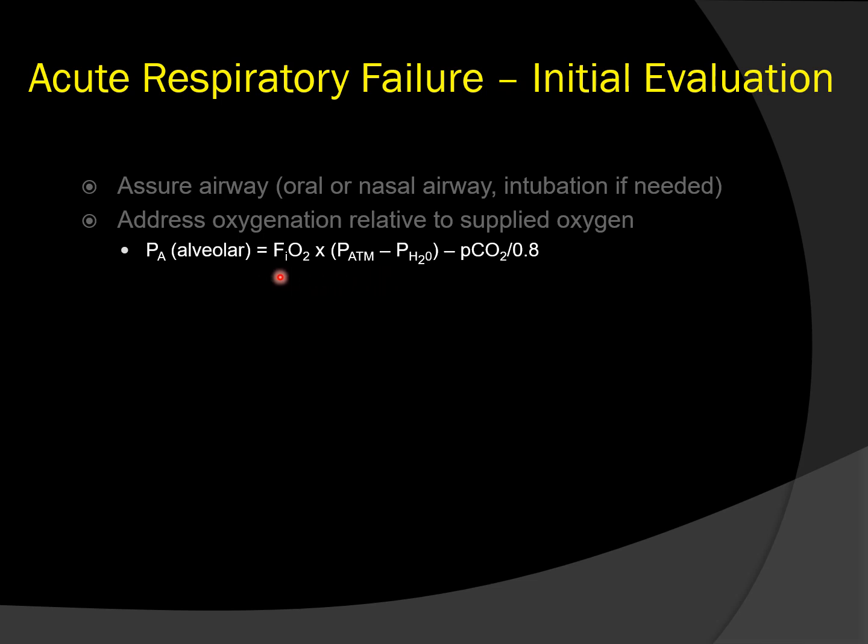That's obviously multiplied by the fraction of oxygen, which can range from 21% to 100%, depending on how much supplemental oxygen. Finally, the level of PCO2 in the alveoli inversely impacts the alveolar oxygen, so that as PCO2 rises, the P alveolar falls. Notice the minus sign right here.